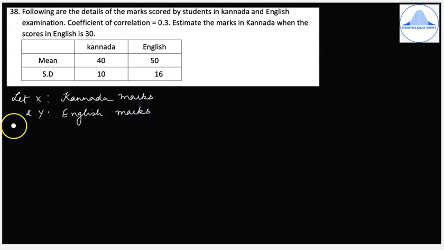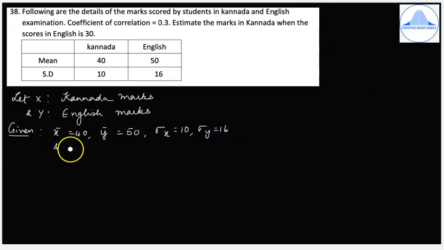The other information which is given, the mean: X bar is equal to 40, Y bar is equal to 50, and standard deviation: sigma X is equal to 10, sigma Y is equal to 16, and in the problem they have also said the coefficient of correlation, that means r, is equal to 0.3.